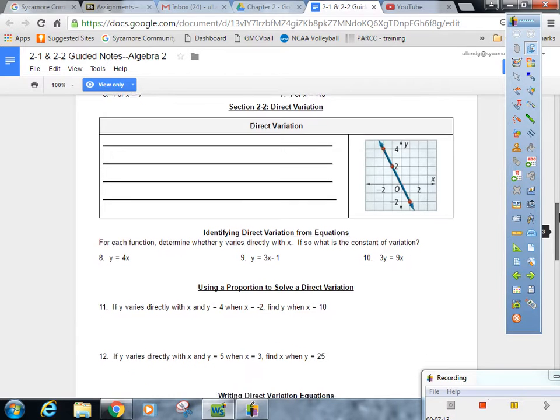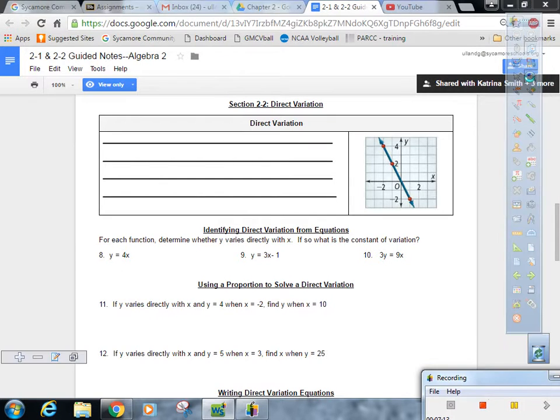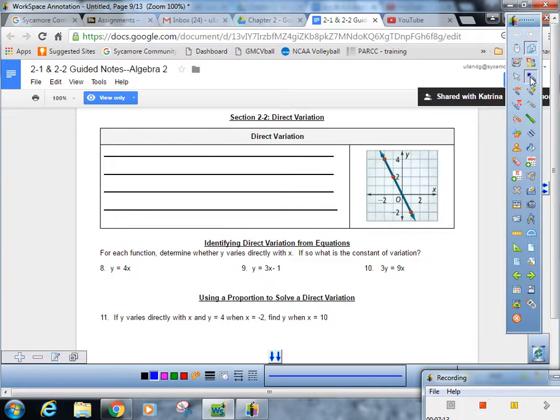Okay, so next section, direct variation. Just consider direct variation to be an equation that has a slope but has a y-intercept of 0. Okay, so this is y equals mx, not y equals mx plus b.